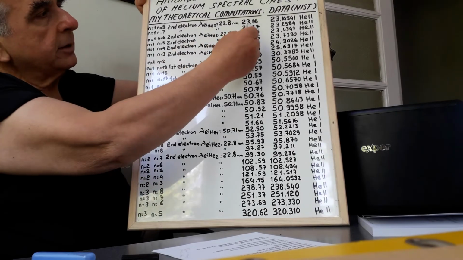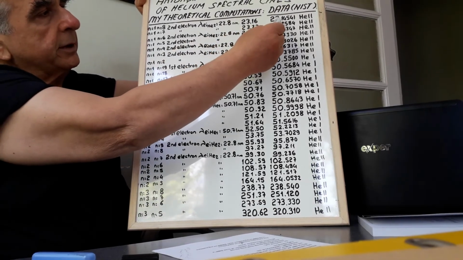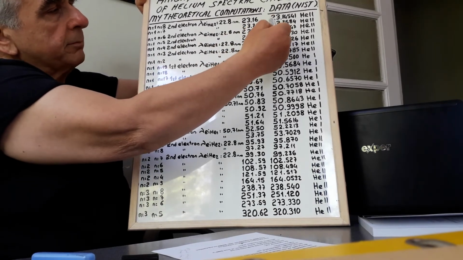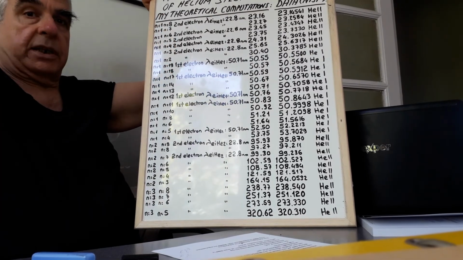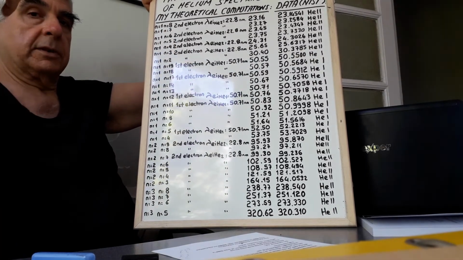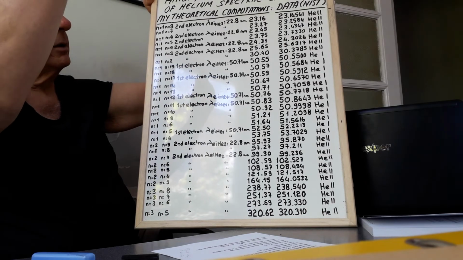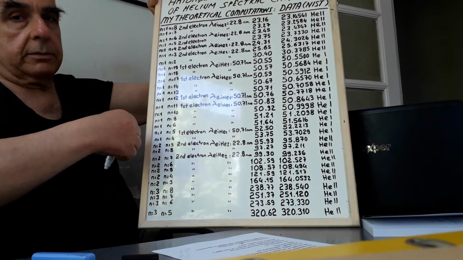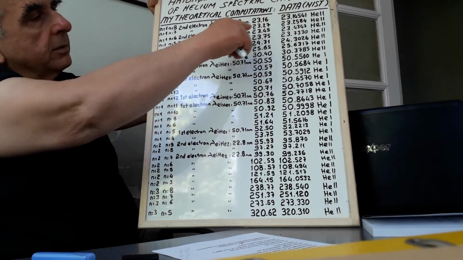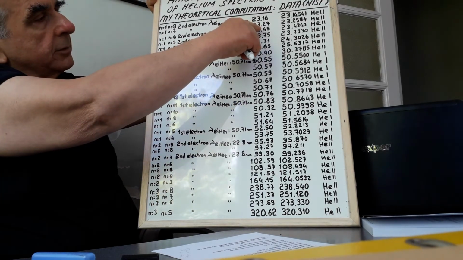Okay, this is result. Compare, almost same. From 7 enlarging, okay, to 1, this is result. Okay.